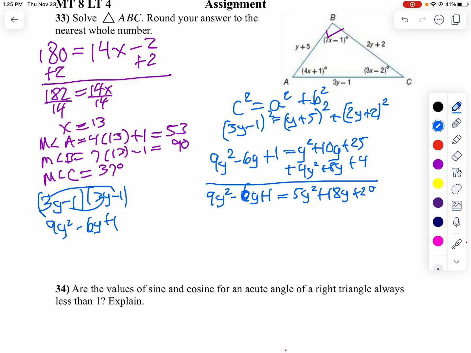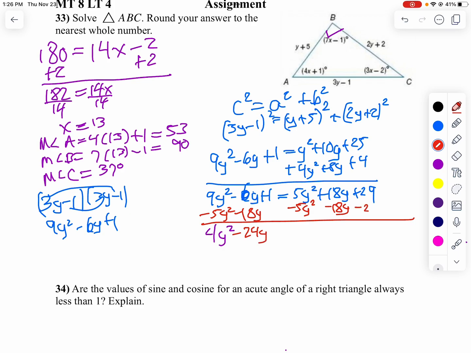Now, since it's a quadratic, I want to move everything to the left side. So I'm going to subtract 5y squared. Excuse me. And I get 4y squared. I'm going to subtract 18y, I'll get negative 24y.